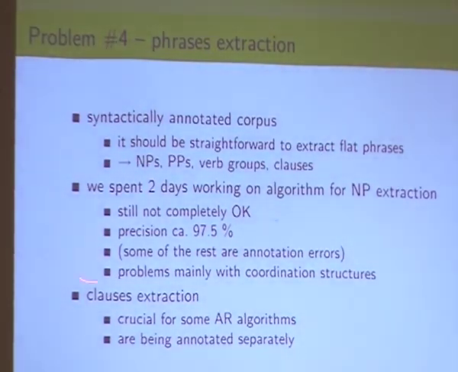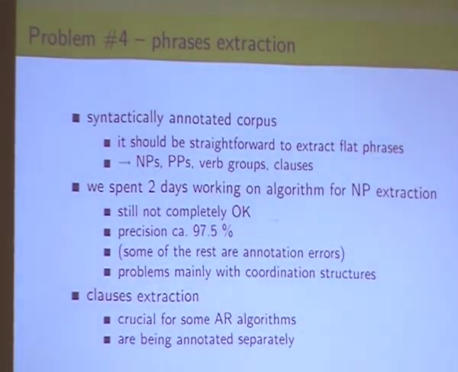Some of the remaining errors are flaws of our algorithm, but most of these 2.5% are actually annotation errors. So the algorithm works well.